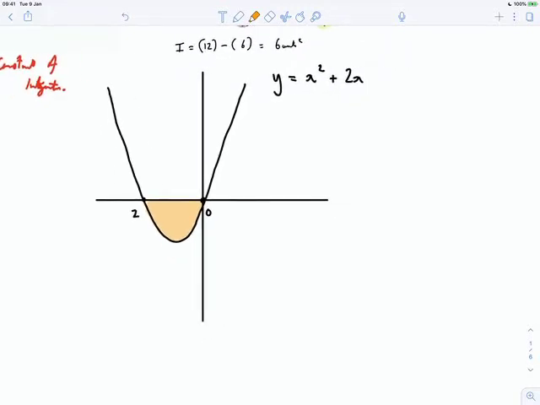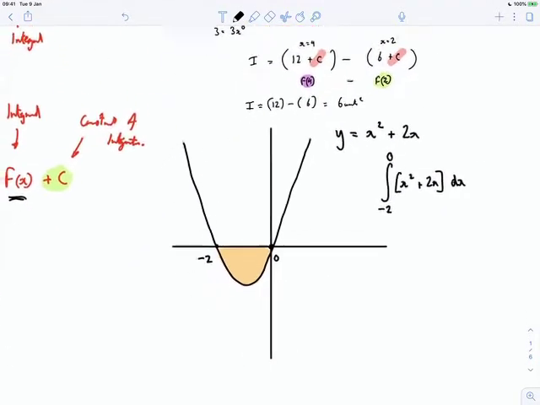Okay, we want to know what the area of that thing is, and it's not immediately obvious what it is. It's not the same shape as a semicircle, so we can't just approximate it like that. So what would integrate? Oh, this is a minus 2, by the way. So what does integration tell us it should do? Well, we should integrate between the lower bound, which is minus 2, the upper bound, which is 0, the function itself, which is x squared plus 2x, and then with respect to x.